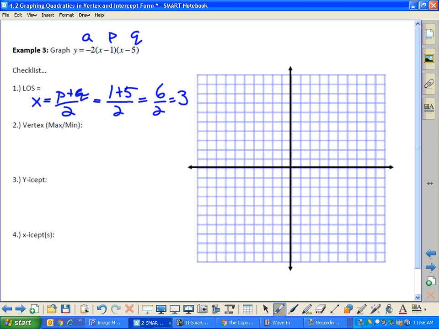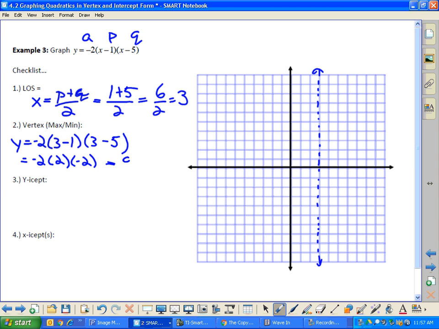So we're going to go over 3, draw our dashed line. And then the rest of the problem, honestly, is just kind of like what we just did. If you want to find your vertex, you would take your 3, and you could just plug it in. Watch your order of operations. So you got to do your grouping symbols first.